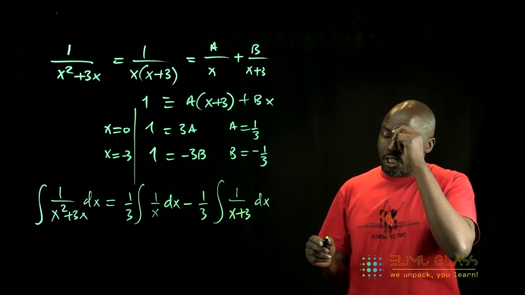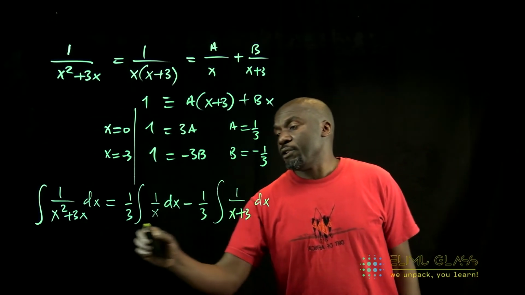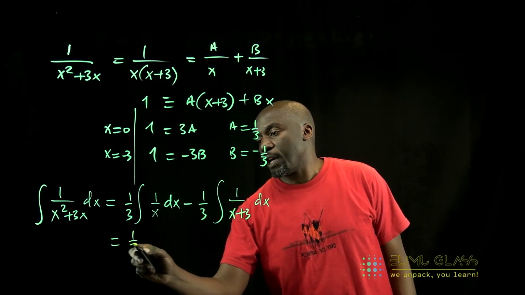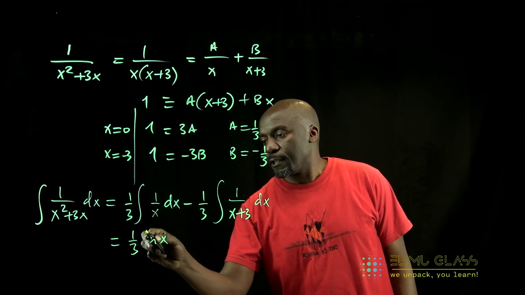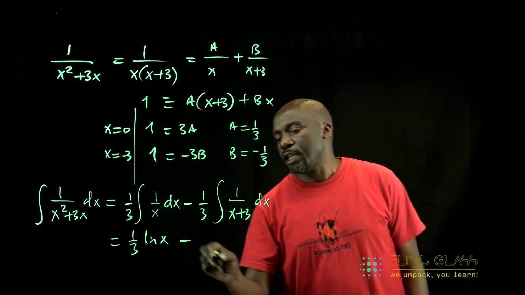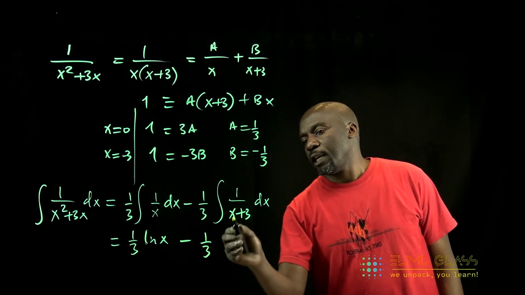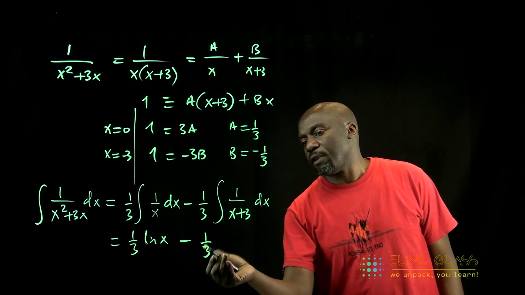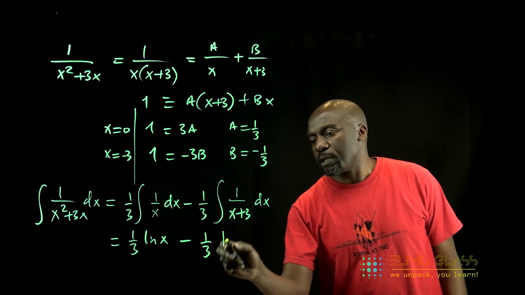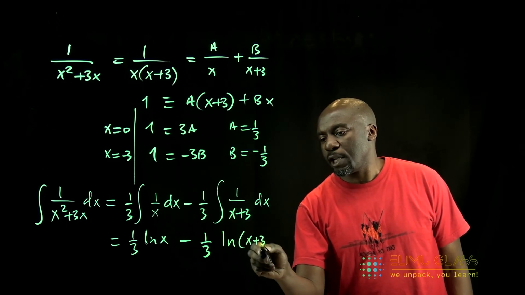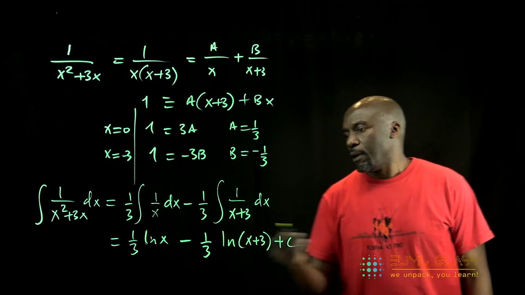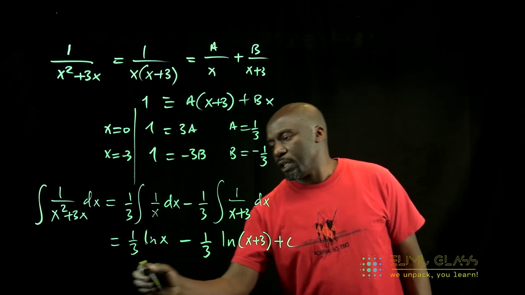And if you've been watching these videos from the beginning, then you know that this just reduces to 1/3 ln of x, and this becomes minus 1/3 ln of x plus 3, and we say plus c. All right, we can put this together.